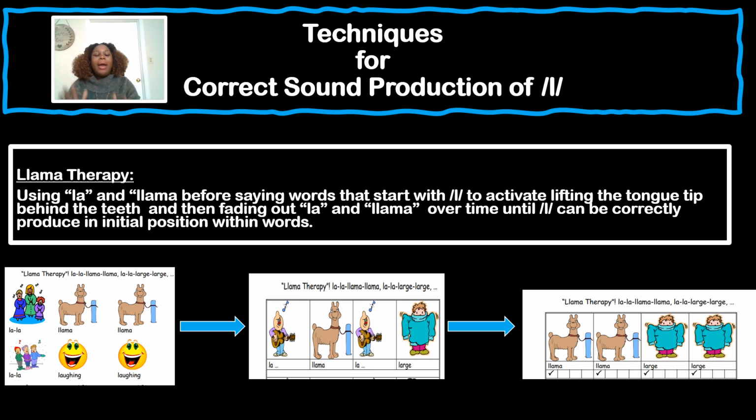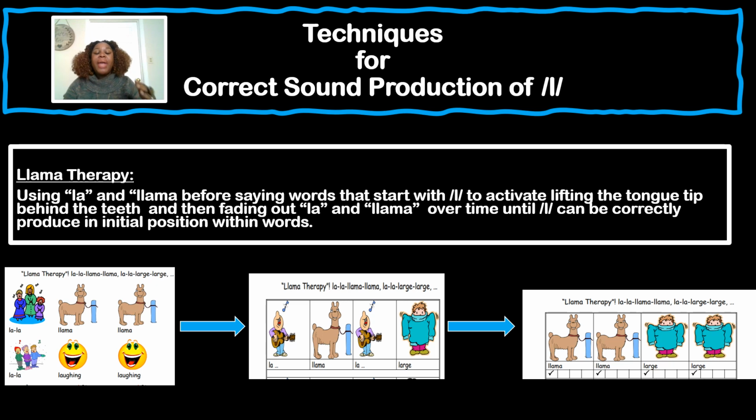So anyway, this technique is called Lama therapy. What happens is they're using the word la and the word llama before saying words that start with L to activate the lifting of the tongue tip behind the teeth.